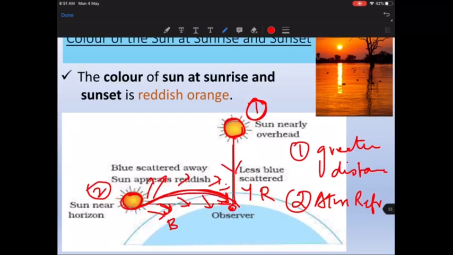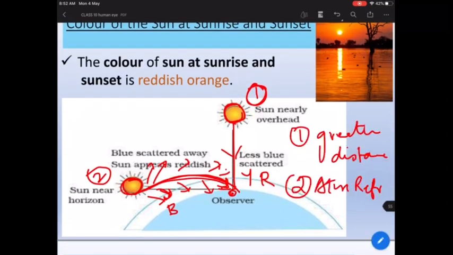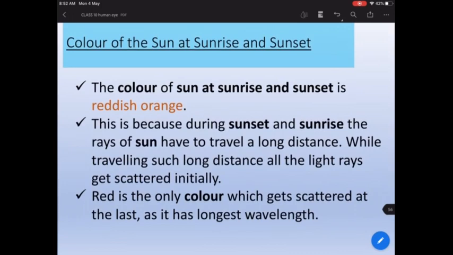So as it reaches us, what wavelengths are left? The colors we receive are yellow, orange and red. That's why we see the sky yellowish orange or reddish orange in color. Correct? So these are the two points that have to be there in your answer.